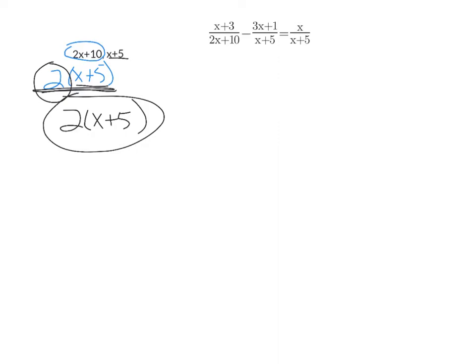Now let's take a look at another example. We've already found our least common denominator of 2 times the quantity of x plus 5. So I'm going to take each term and multiply it by my least common denominator.